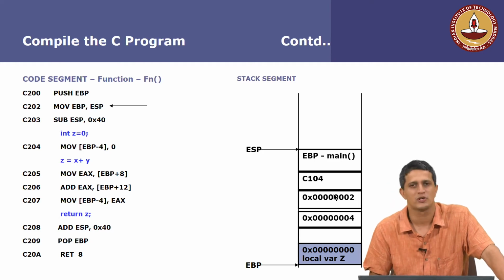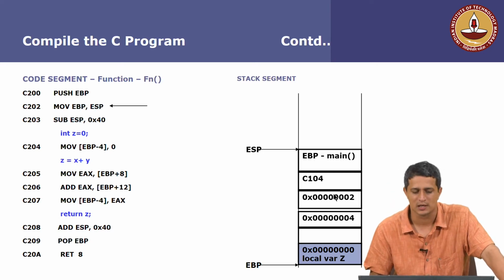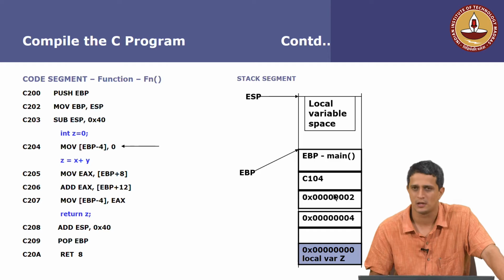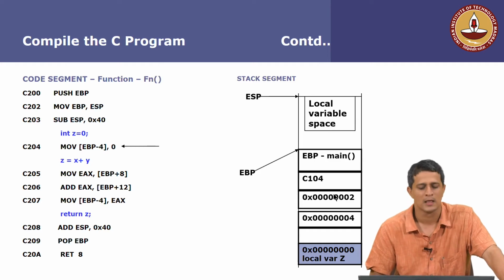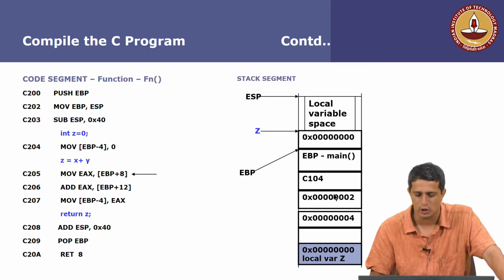Now I do the same old operations that we had discussed earlier, move ebp comma esp, which is context setting, sub esp comma 0x40, which is allocating local variable space, then the function body executes.